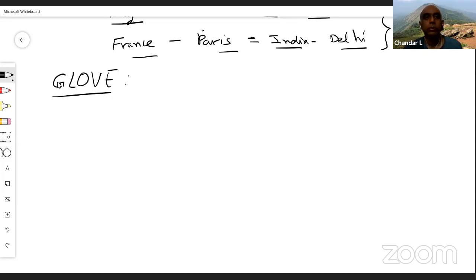Now there is a slight improvement that one can do on Word2Vec using what is known as word piece, where you don't do one hot encoding on the words, but on word pieces.